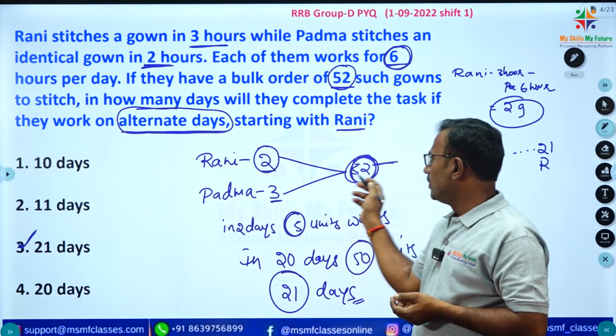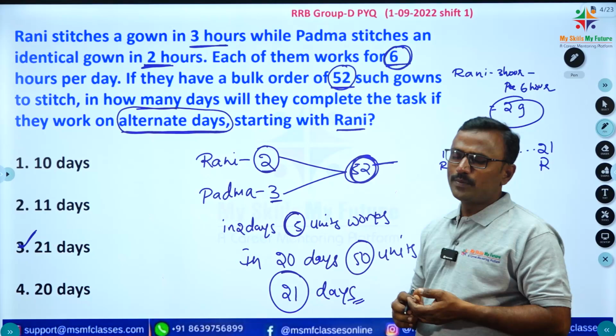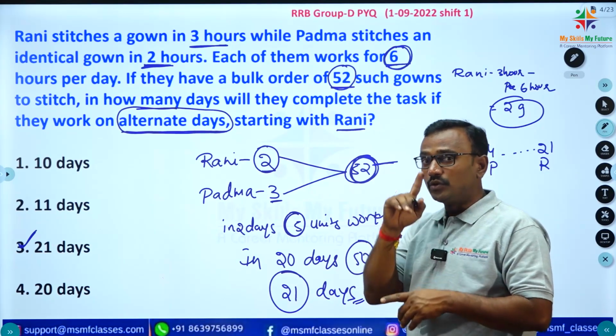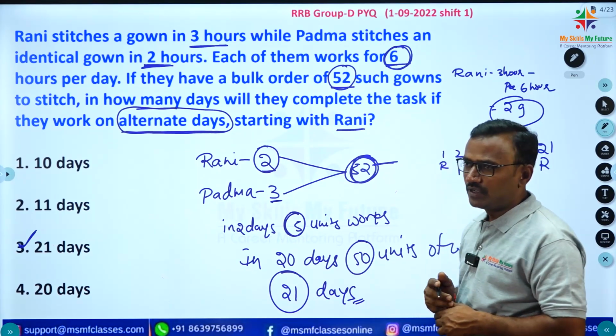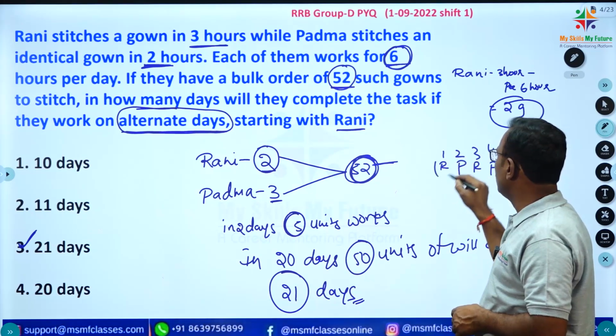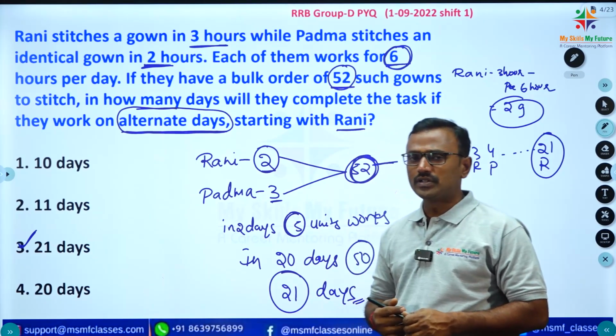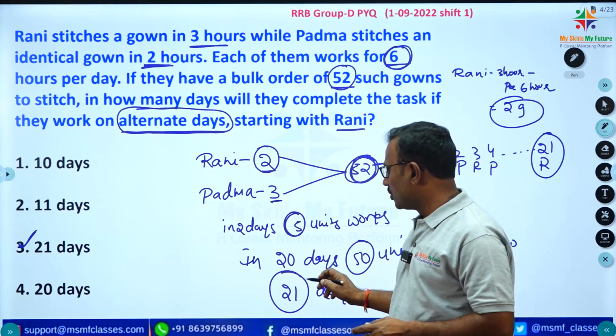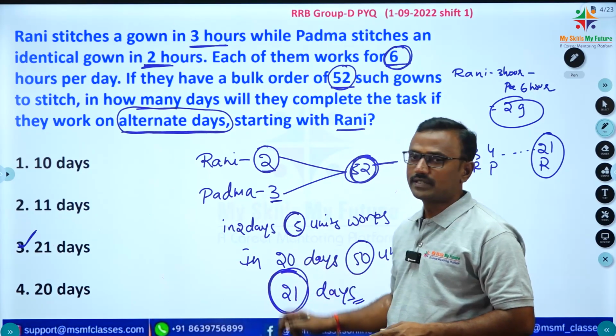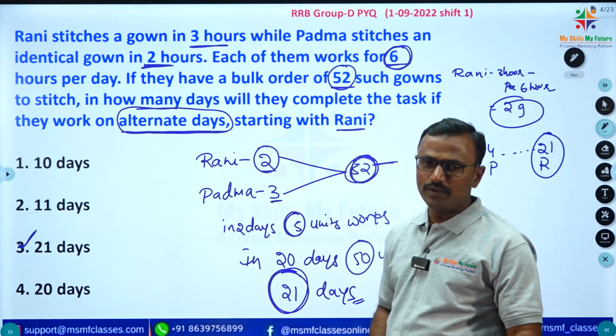We have 2 more units of work, which will be completed on the 21st day. Rani will work on the 21st day, so she will complete the 2 units of work. So the total number of days required is 21 days. I hope you understand.